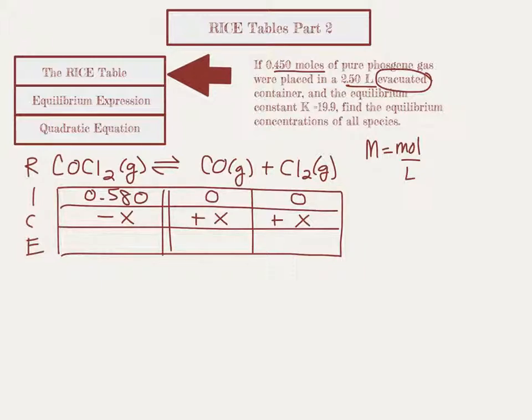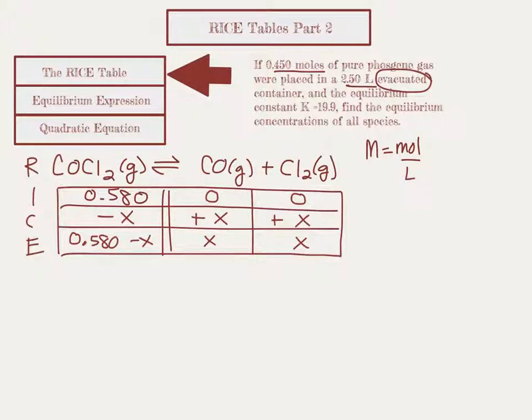Now, we can add up the initial boxes and the change boxes to get an algebraic expression for the equilibrium conditions. We'll get 0.580 minus x for the phosgene, x for the carbon monoxide, and x for the chlorine gas.